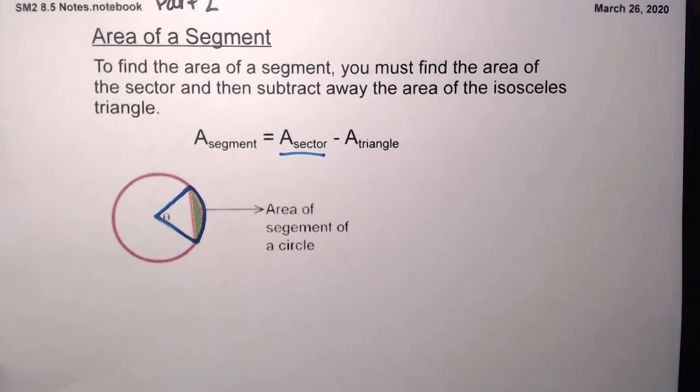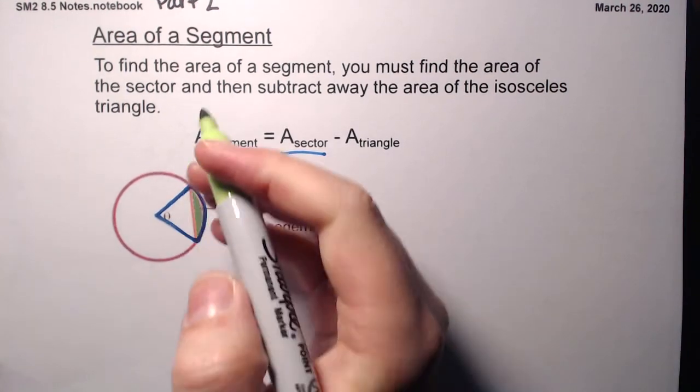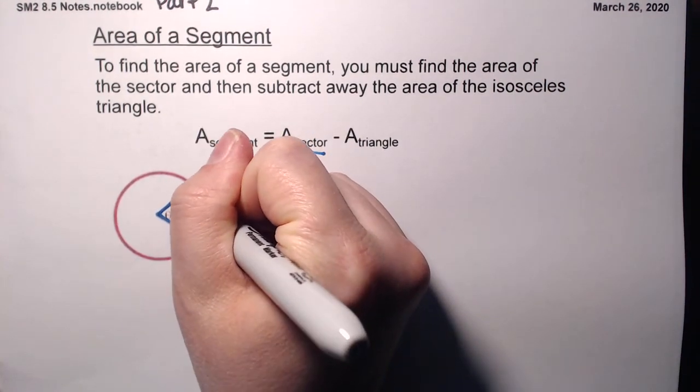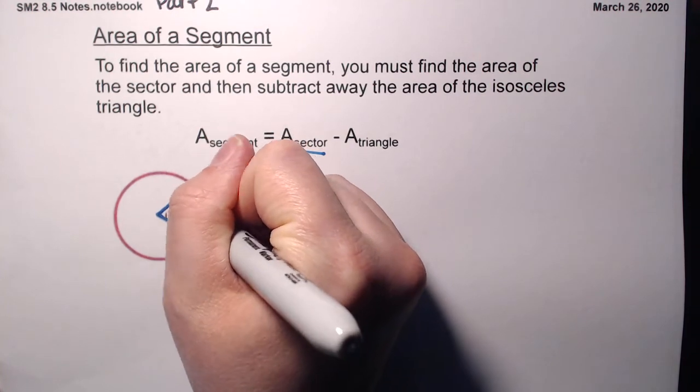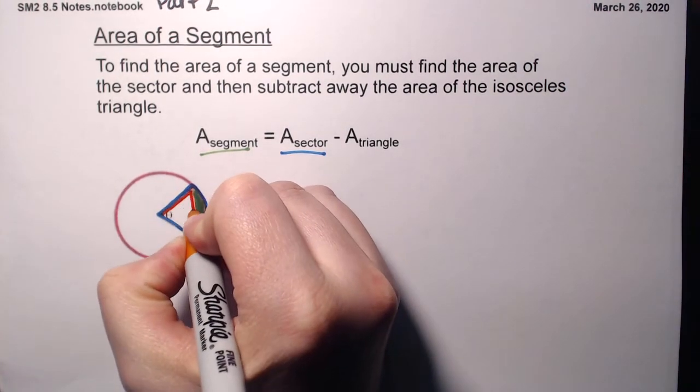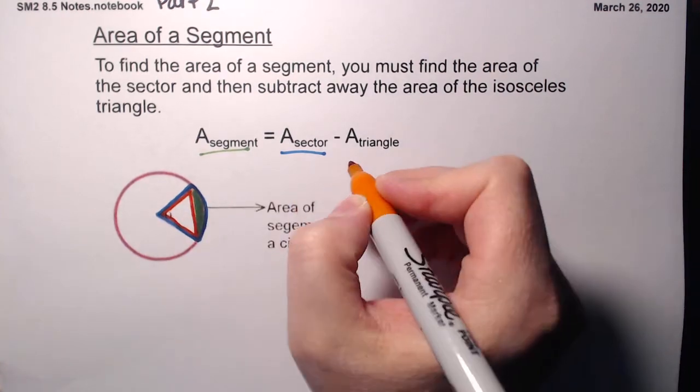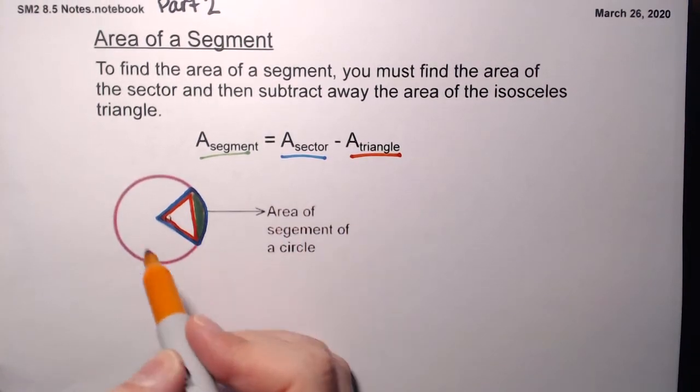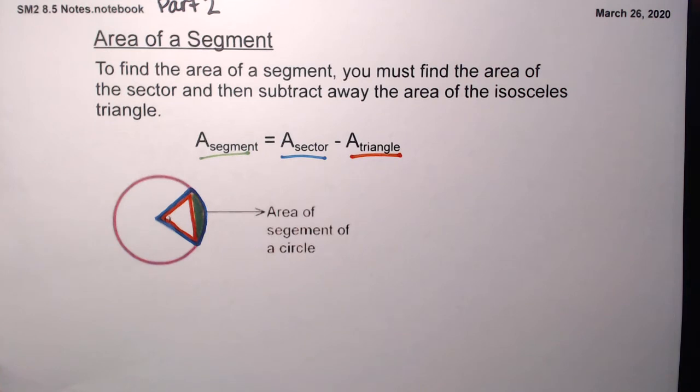And we want just this piece right here. So we're going to find the area of the triangle and take that out of the area of the entire sector. So that's how we're going to do this.